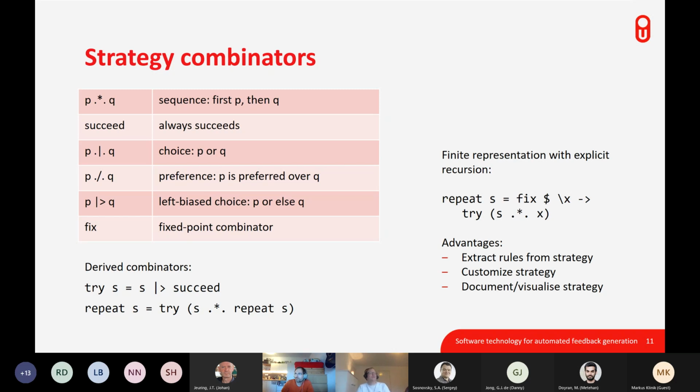You can see the definition with this fixed point combinator on the right hand side. And the advantage now is that we can do all kinds of interesting things with the representation of the strategy. For instance, extracting rules from the strategy, we can tweak it, we can customize it a bit, or we can even visualize these kinds of strategies. And this works because we have a finite representation.